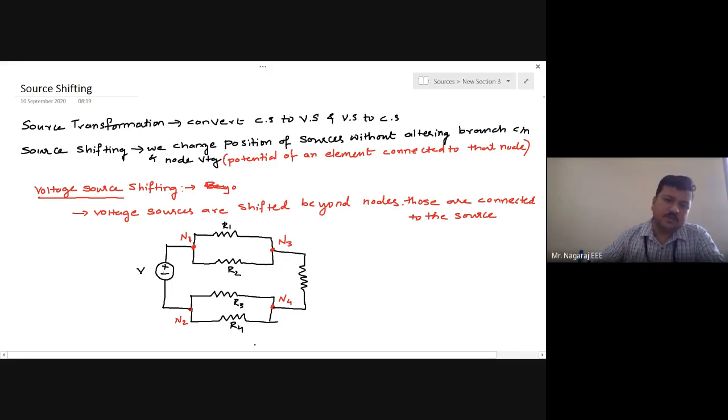Now observe, this is my original circuit. R1 is connected to N1, R2 is connected to N1, R3 is connected to N2, R4 is connected to N2. We will not worry about the other connection at the other ends. Let me mark the terminals of all the resistors.